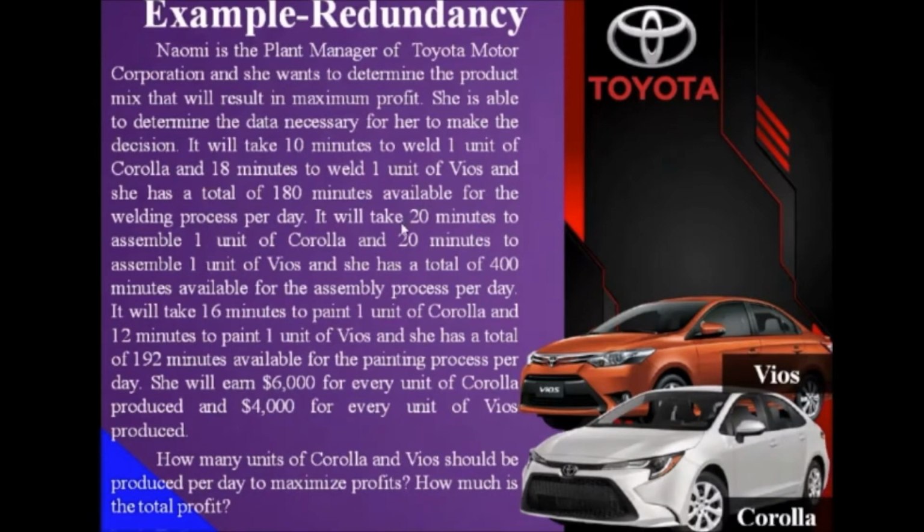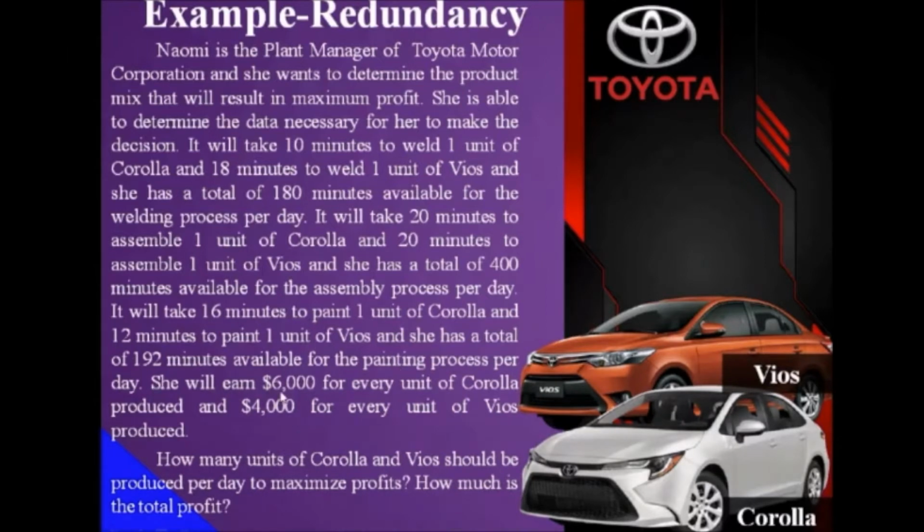It will take 20 minutes to assemble 1 unit of Corolla and 20 minutes to assemble 1 unit of Vios. And she has a total of 400 minutes available for the assembly process per day. It will take 16 minutes to paint 1 unit of Corolla and 12 minutes to paint 1 unit of Vios, and she has a total of 192 minutes available for the painting process per day.